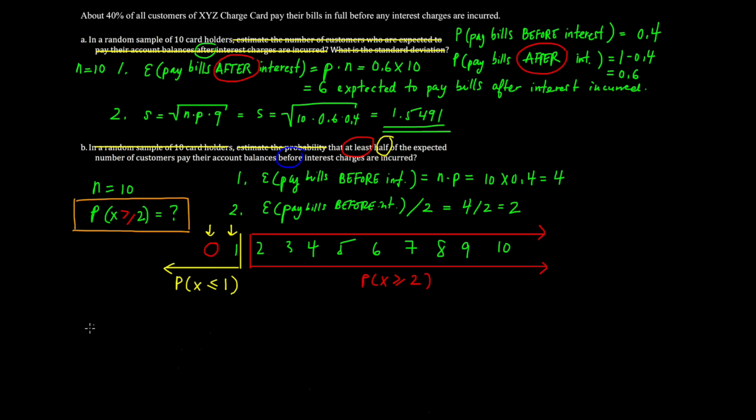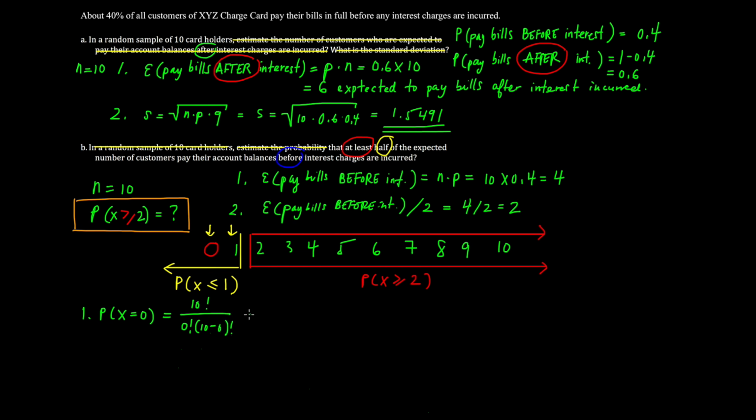So let's start with the first one, which is the probability of x equals 0. This is going to equal my n factorial, so 10 factorial, divided by x factorial, so 0 factorial, multiplied by (10 minus 0) factorial, so n minus x.